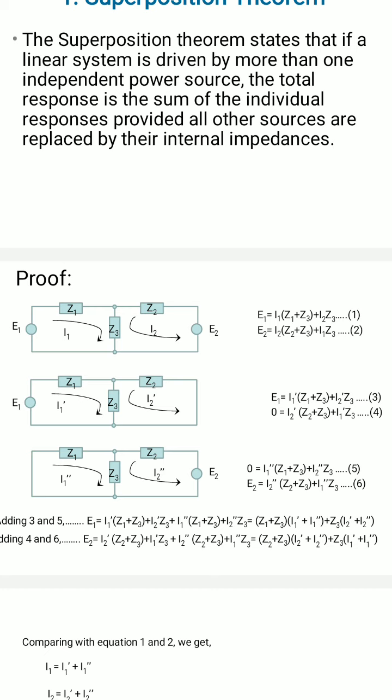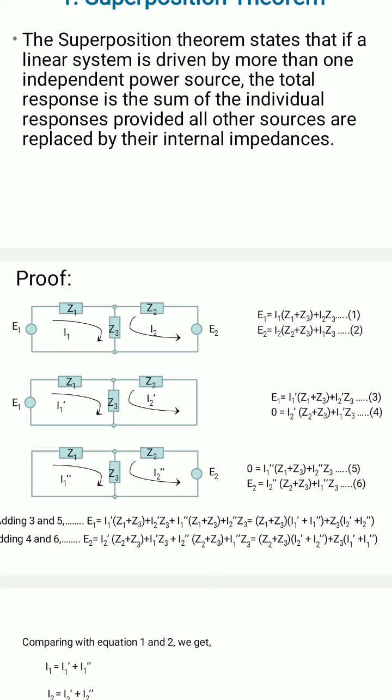Now by using Kirchhoff's second law, you can write E1 equals I1 into (Z1 plus Z3). That loop is completed. I2 will also be passing through Z3, so I2 into Z3 is added to give the value of E1.